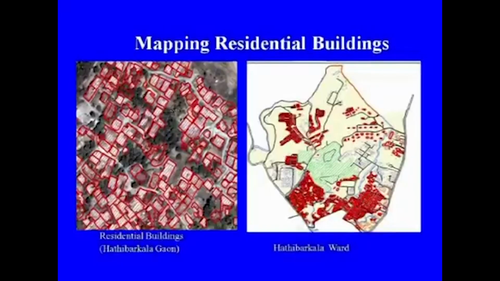Furthermore, once these are digitized from various sources, they are overlaid for verification on the Google Earth, and one can see that the polygons that are marked in red color on the left hand side match by and large accurately over the Google Earth image over that particular region, and the corresponding area is now shown on a GIS based output map, where all the red locations are the residential buildings within the Hathi Barkala block.